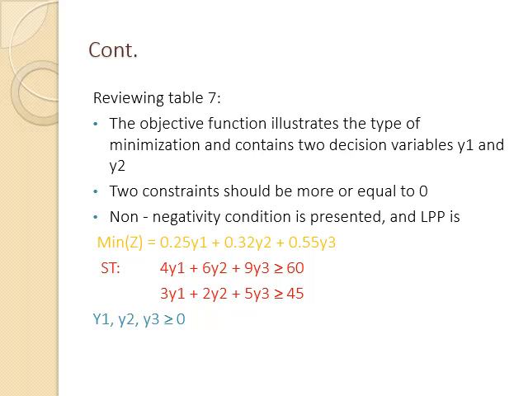Two constraints should be more or equal to 0. That's correct. Two constraints, one for carbo and the next for protein.